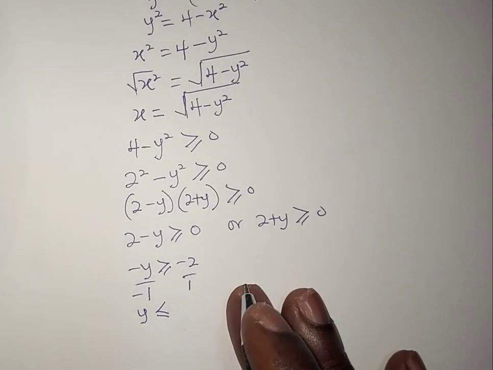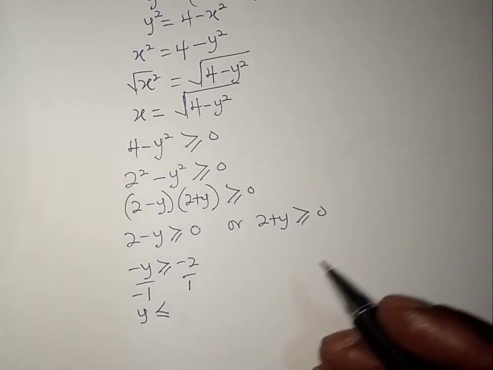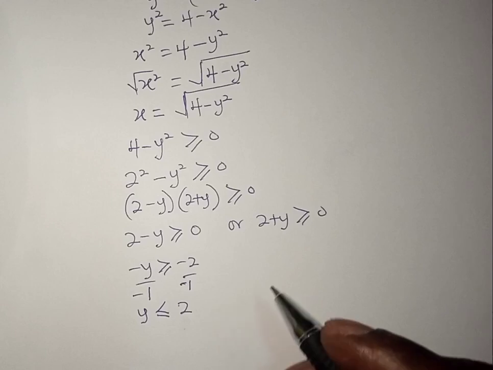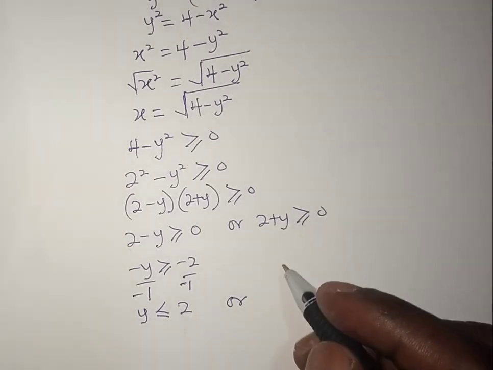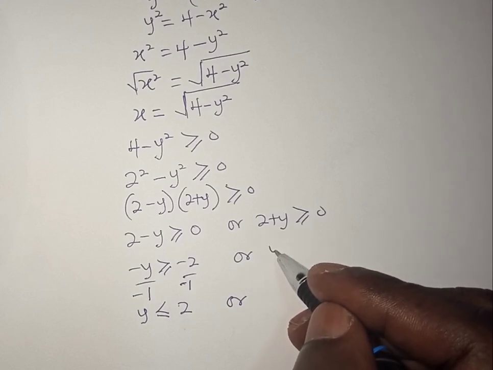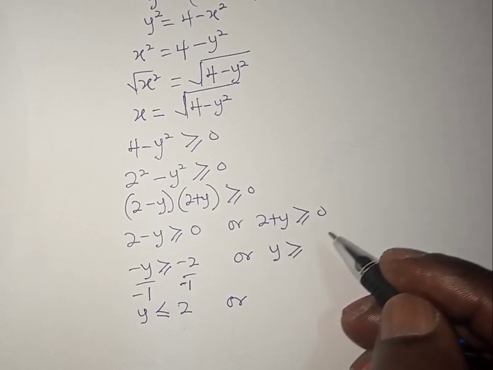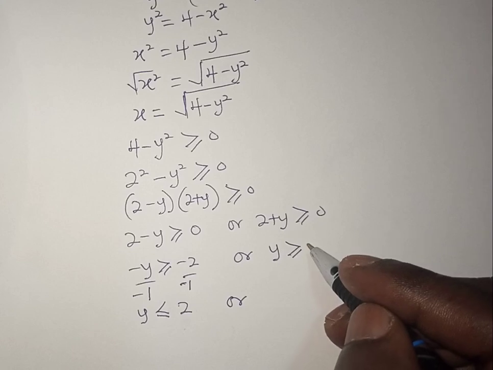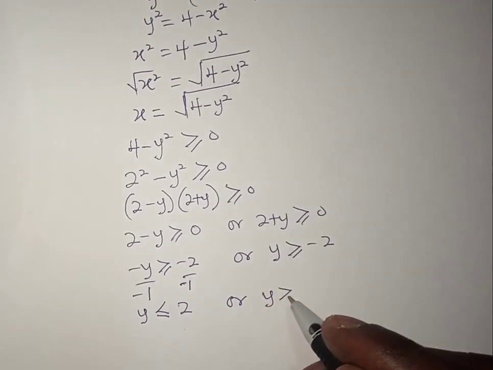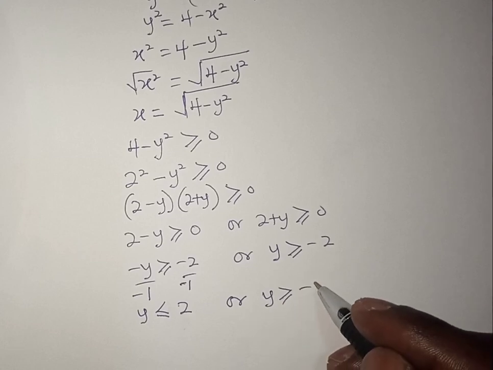As I said, we've already done similar examples when doing domain. Here too we can write y is greater than or equal to negative 2. So these are the two solutions we have.